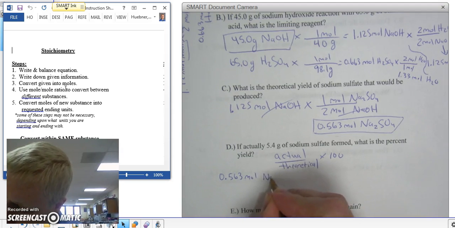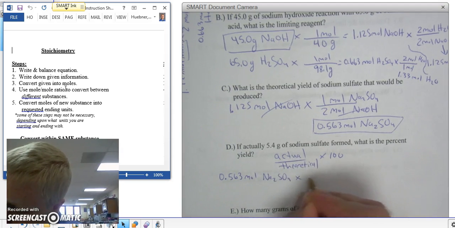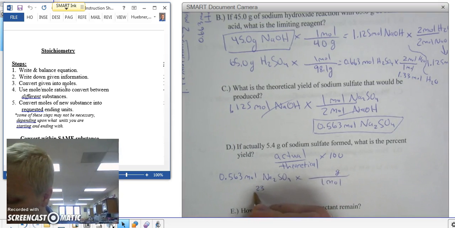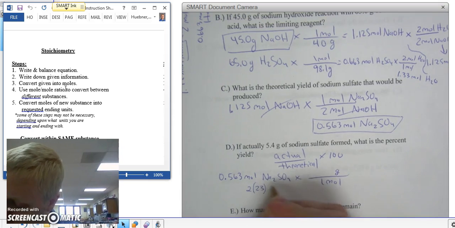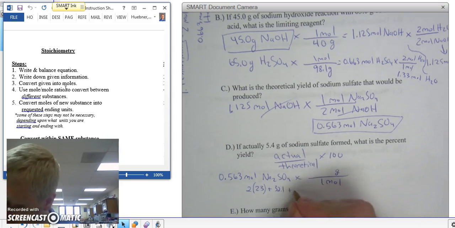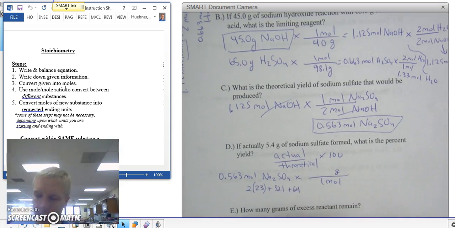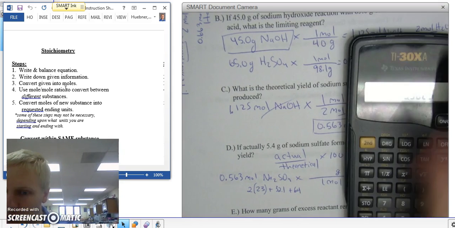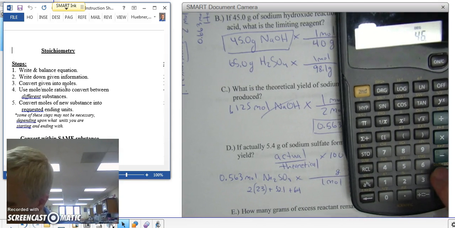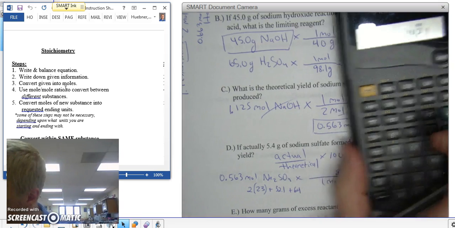We've got moles of Na2SO4 times the molar mass over 1 mole. We've got 23 is the atomic mass of sodium, but there's 2 of them, plus 32.1 for sulfur, plus 16 times 4 for oxygen, which would be 64. Alright, 2 times 23 is 46, plus 32.1 plus 64 is 142.1.